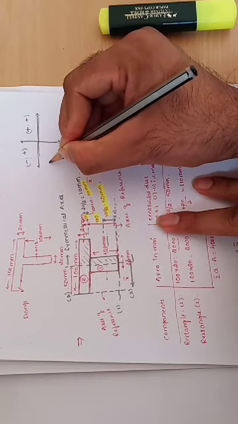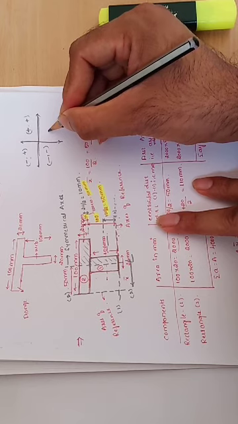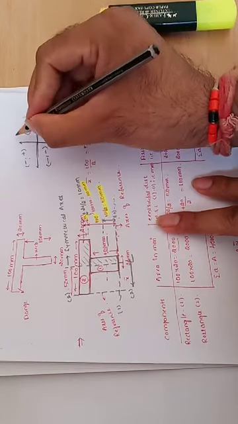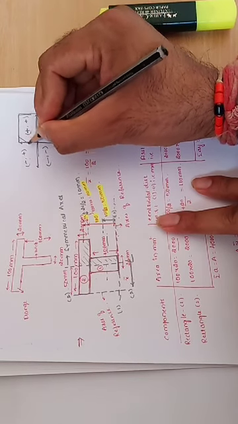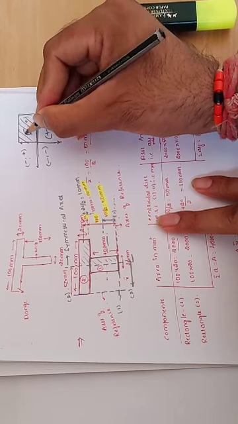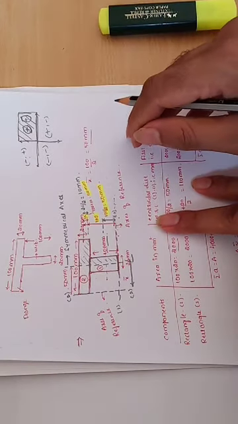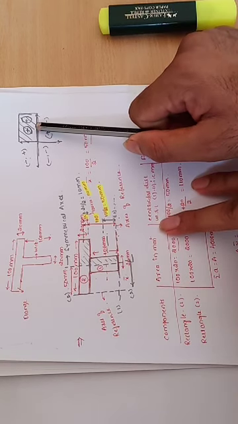In the third quadrant, both are negative. In the fourth quadrant, x is positive and y is negative. So why are we keeping the entire figure in this quadrant if he has not mentioned any reference axis? Because x is positive and similarly y is also positive. Just to avoid confusion, I am keeping my entire figure in the first quadrant.